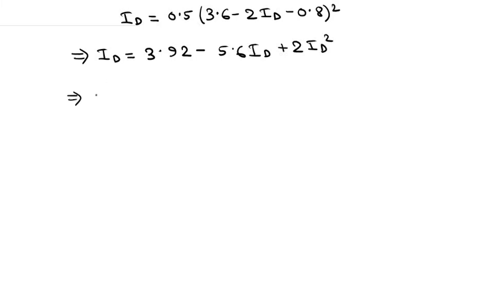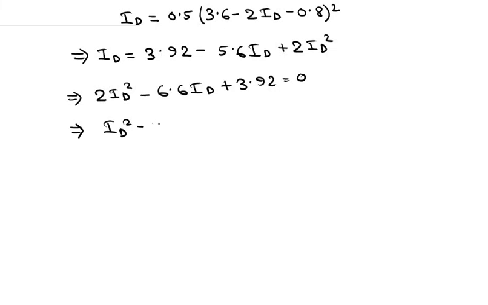So this gives me 2 ID square minus 6.6 ID plus 3.92 equal to 0. We now have a quadratic equation which we can solve. So ID square minus 3.3 ID plus 1.96 equal to 0.